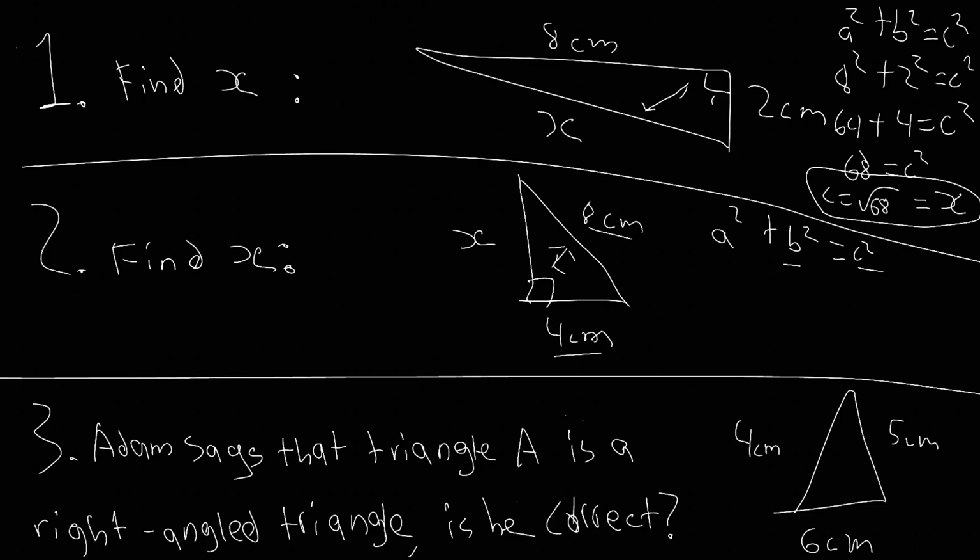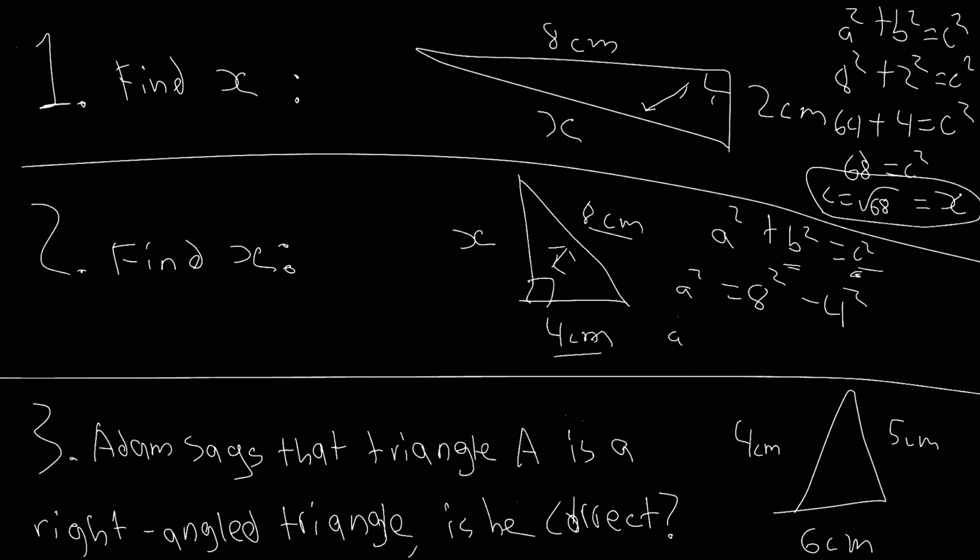So you can either just memorize it, or you can take it from logic, where a squared is just this number minus this number. So a squared is equal to c squared, which is 8 squared minus 4 squared.